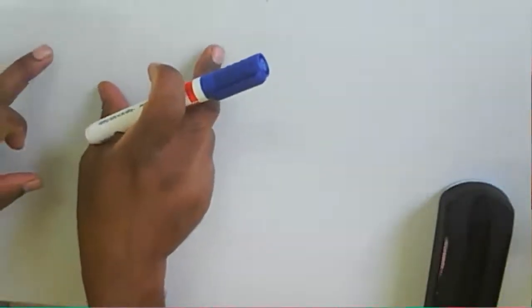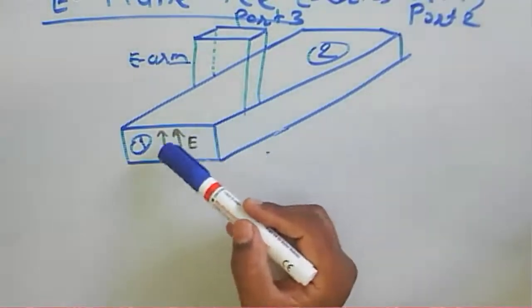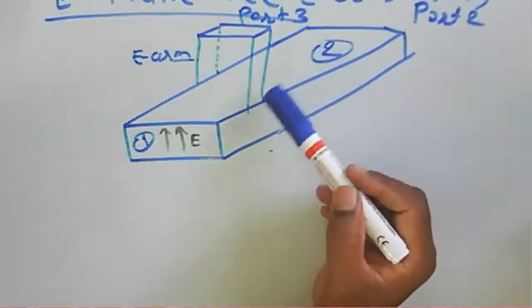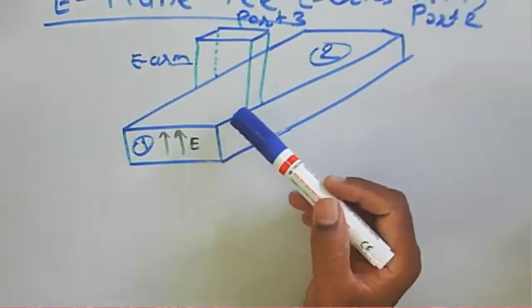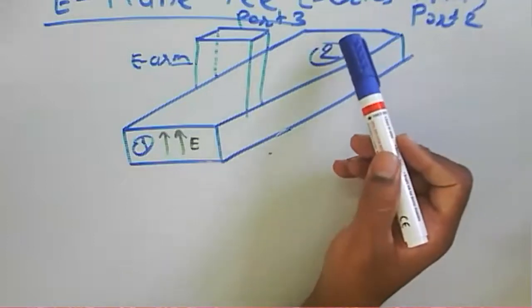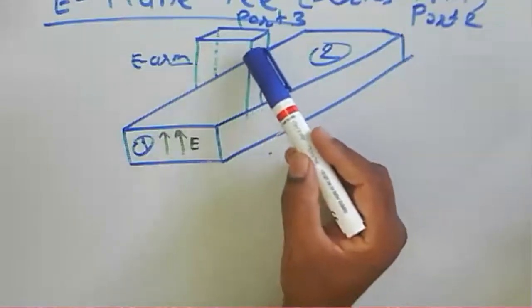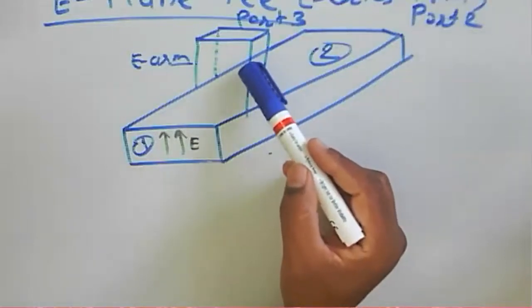In that case, we need to apply equal input signals at both port 1 and port 2. Then the E plane T acts as a power combiner, and the output signal at port 3 will be the combined signal.